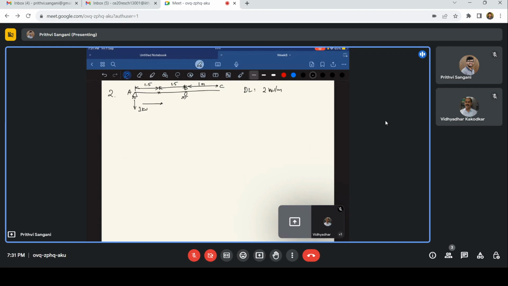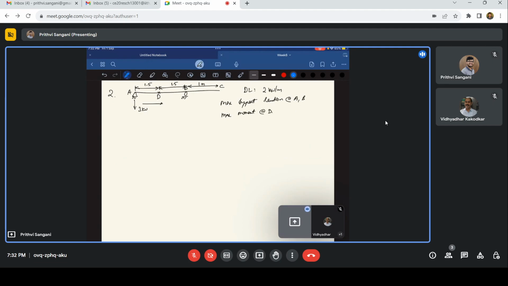We need the maximum vertical support reactions at A and B, and the maximum moment in the beam at D.